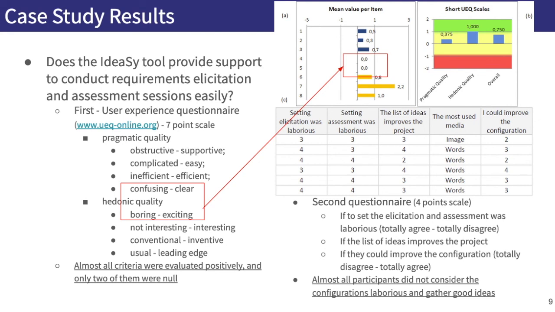In the second questionnaire, we wanted to identify how users assessed the cost benefit of having used the tool. There were 4 objective questions using a 4-point scale. Was it laborious to define the elicitation? Was it laborious to define the evaluation?